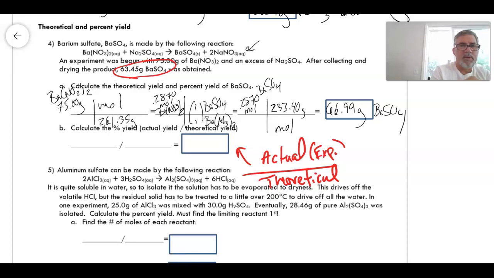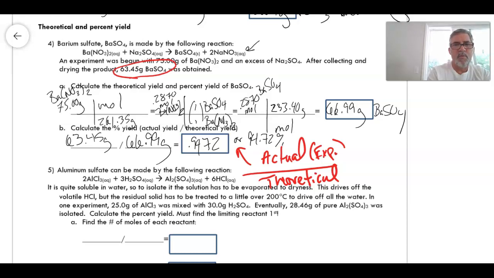So we'll take that and put it here, 63.45 grams. And then my theoretical goes on the bottom. When I calculate that out, I get 0.9472, or 94.72%.